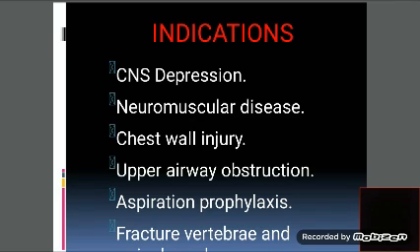Next, aspiration prophylaxis, when there is any aspiration of the gastric content, and fracture of the vertebra and spinal cord. When there is a fracture of the vertebra and spinal cord, this leads to impairment of the respiratory system, as the spinal cord and the vertebra have a connection with the brain.